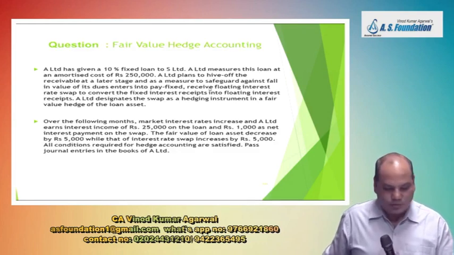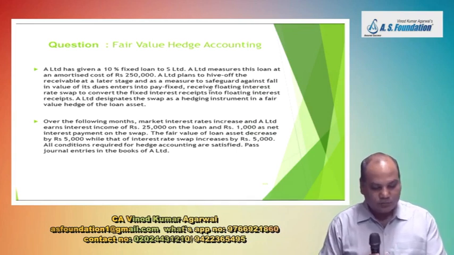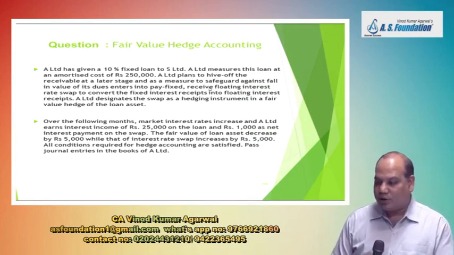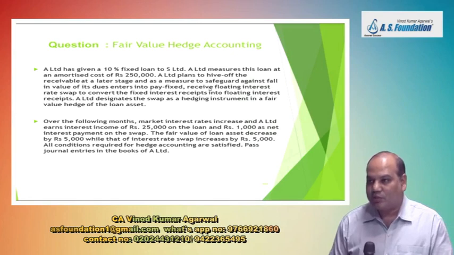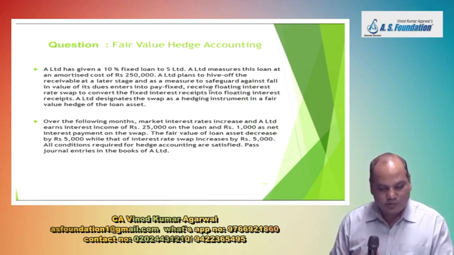Try one more question for practice purposes. Same problem, different data. A Limited has given a 10% fixed rate loan to S Limited. A Limited measures this loan at amortized cost of 2,50,000.